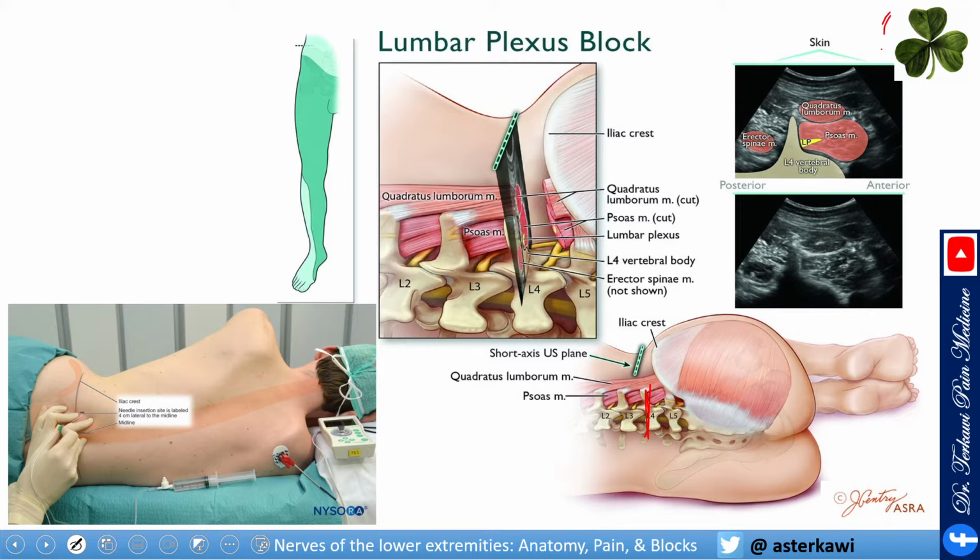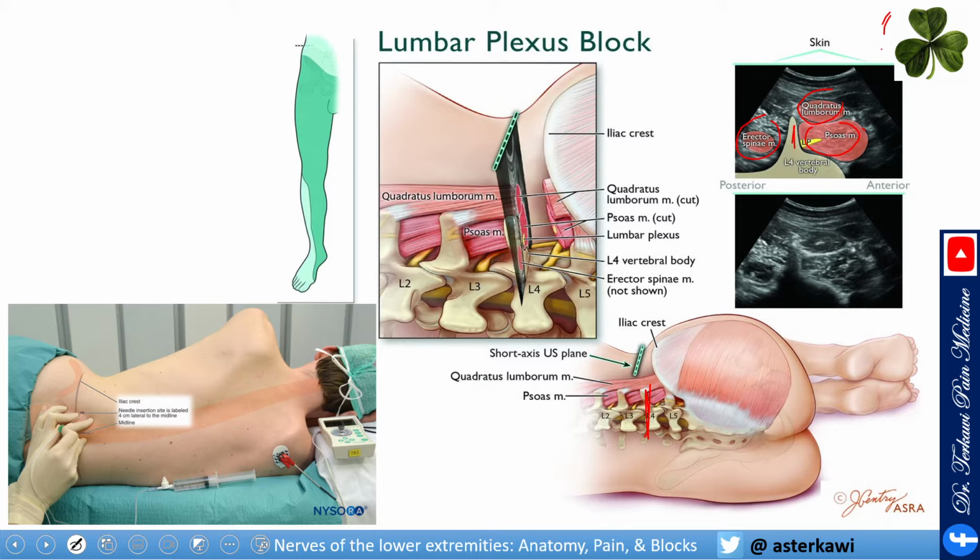The shamrock picture is nothing but the erector spinae, the quadratus lumborum, and the psoas muscle. And the TP, the transverse process of L4, is basically the stem of the shamrock.